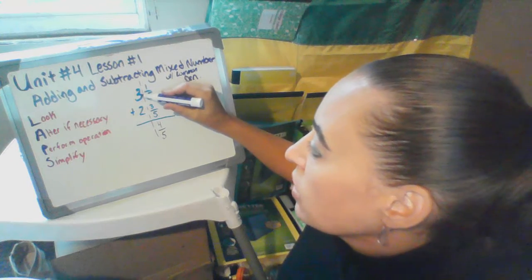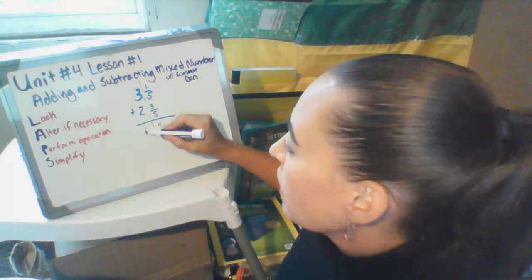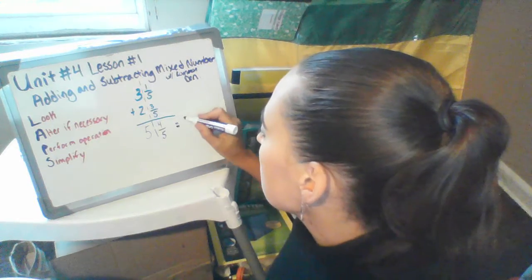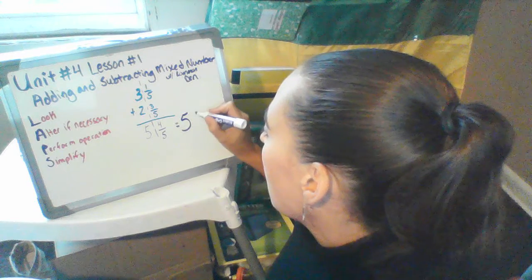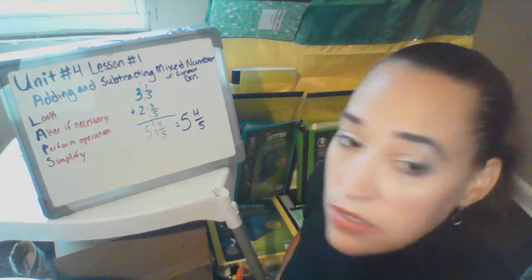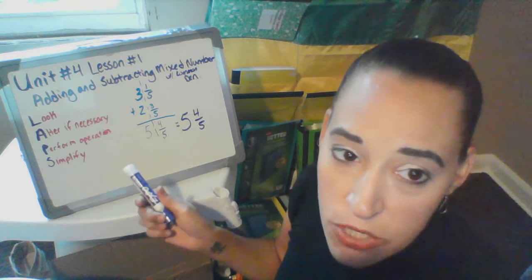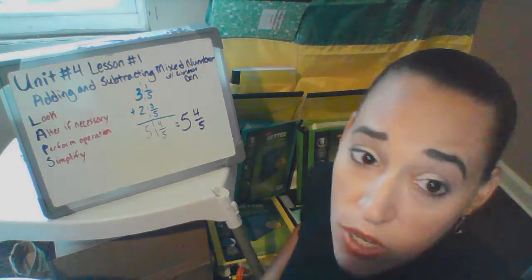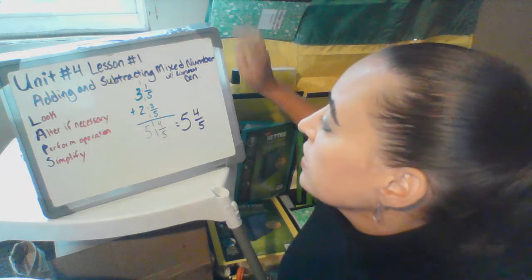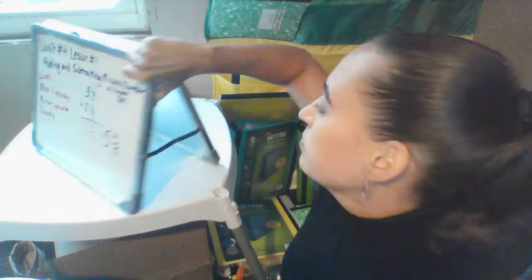And then you say 3 wholes plus 2 wholes is 5 wholes. So your final answer is 5 and 4 fifths. You add your whole numbers together and you add your fraction parts together. Again, this is if you have your common denominators.